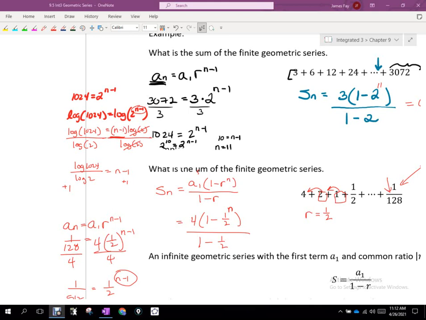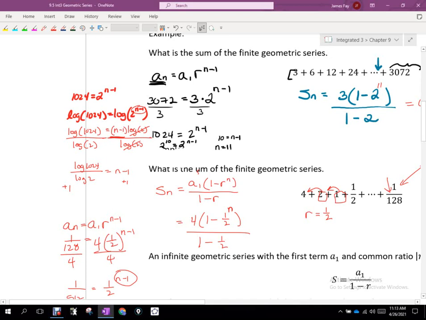I don't know what term that was in the list, and we had to go through all that stuff on the left hand side that says log 1024 over log 2, all that stuff. Okay, that was kind of a pain. Maybe we'll do this at the end to see if we can come up with a tool that will allow us to find that a little bit easier.